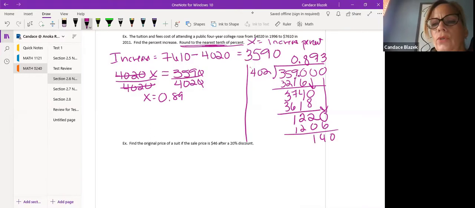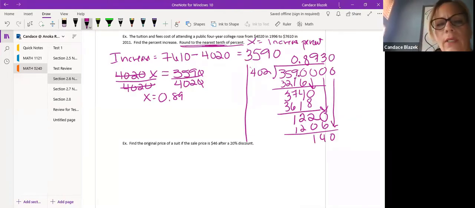And bring another 0 down right here. 402 goes into 140 0 times. All right, there's our 10. So 0.8930 is equal to 89.3%.